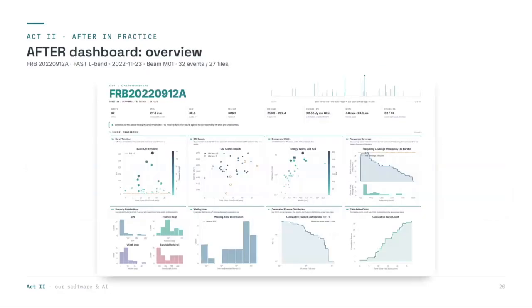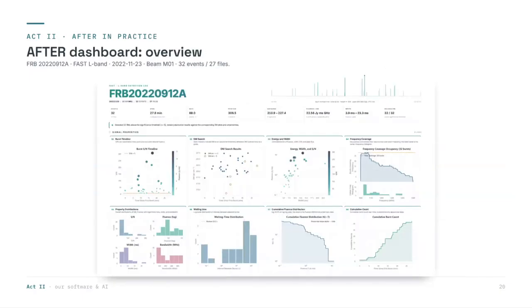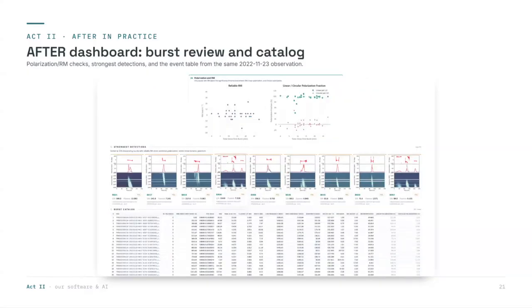And this is a dashboard. This is a dashboard that the agent generated from a real observation of FRB 20220912A, and this one observation recorded 32 bursts. From this dashboard, you can see almost all basic information from this observation. And this is the other half of the dashboard.